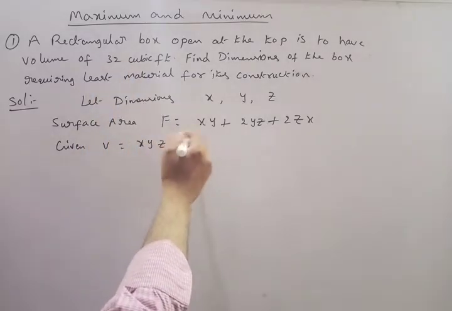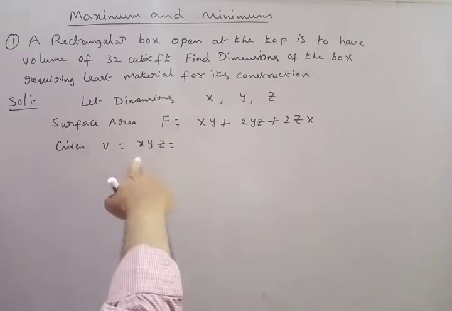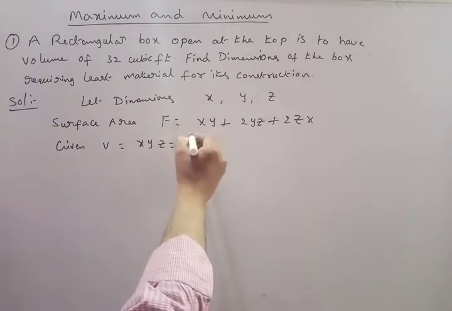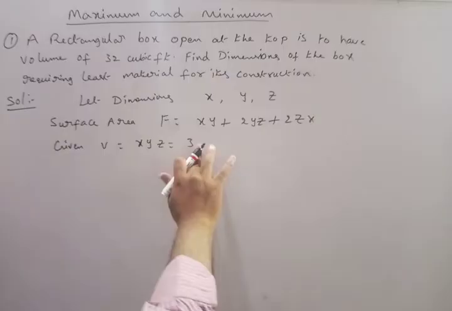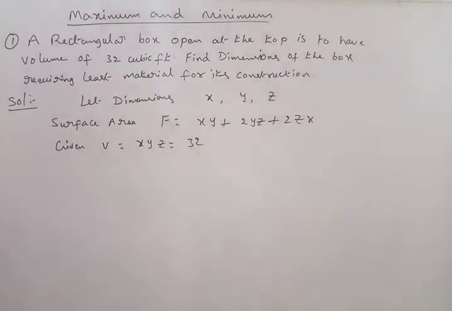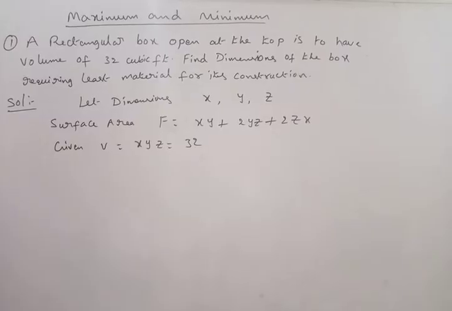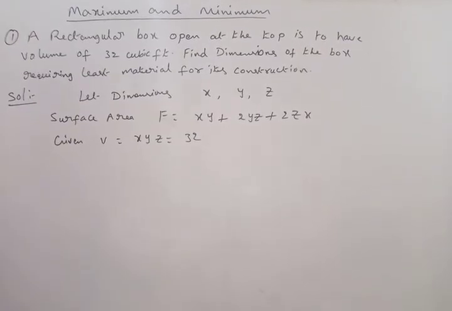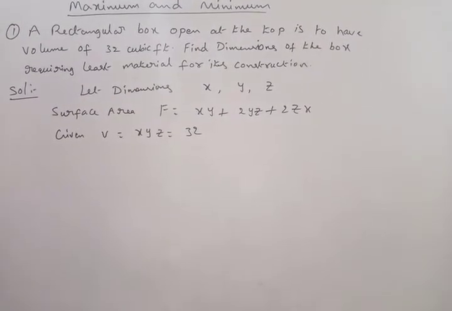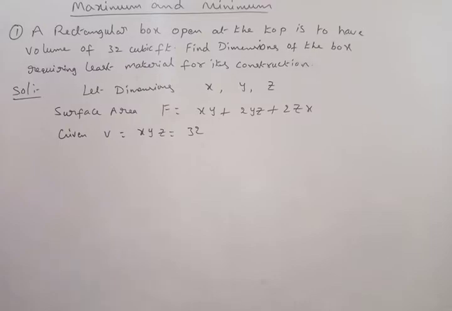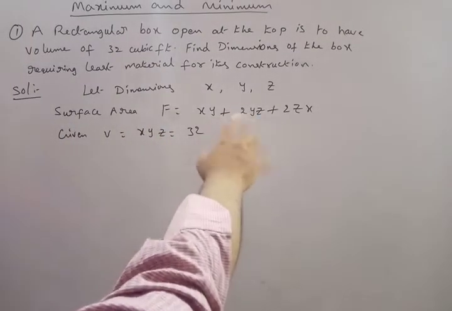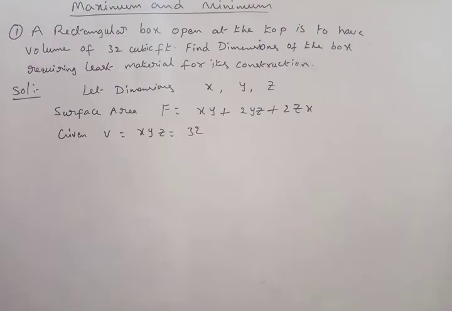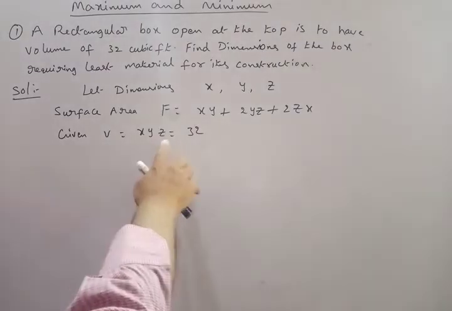Now the given volume V is xyz, length into width into height, which is equal to 32 cubic feet. Now we need to convert this problem into two variables. From here I am calculating the value of z.